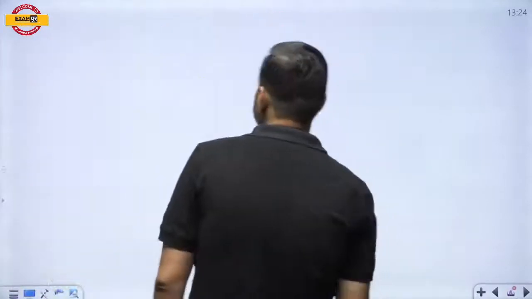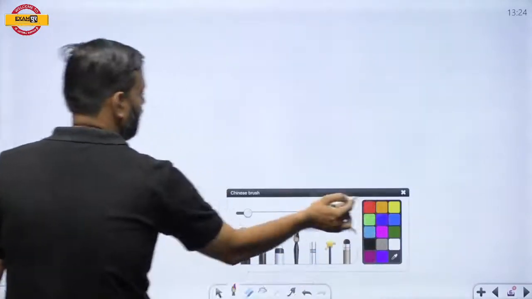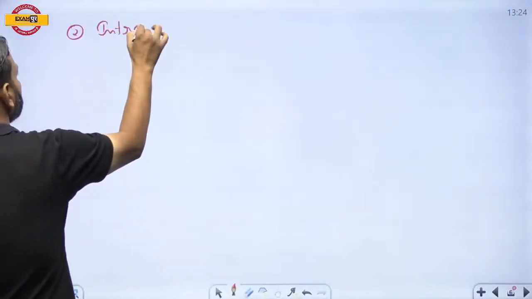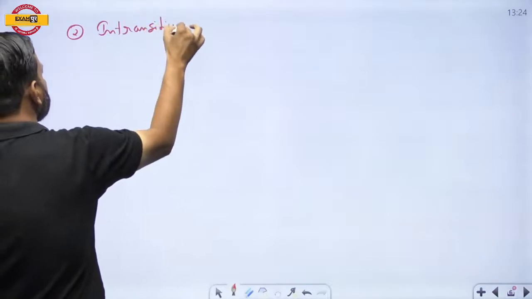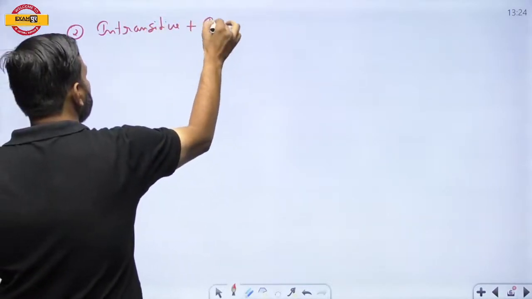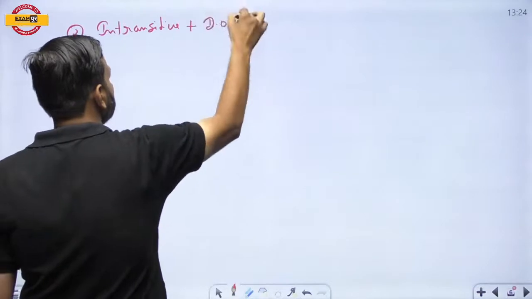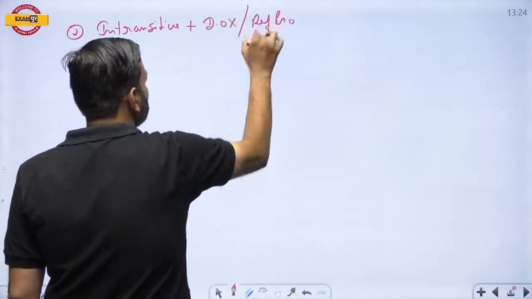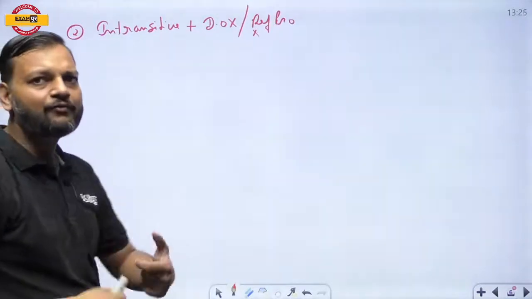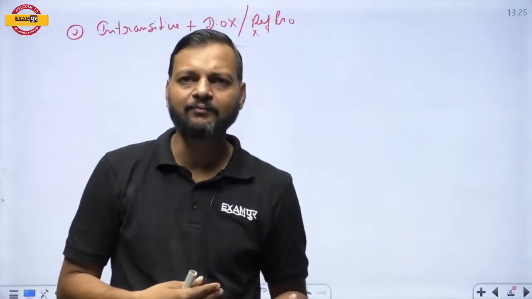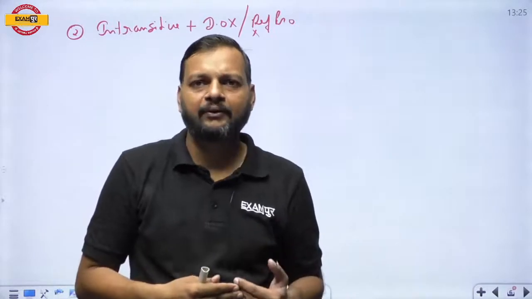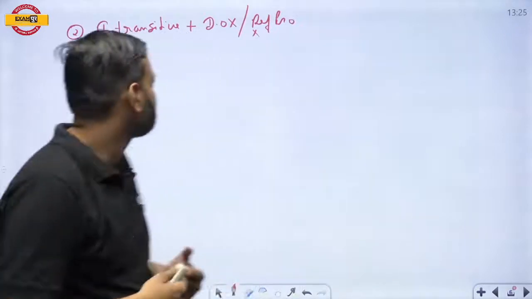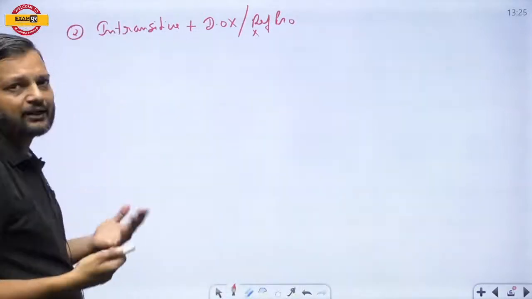Now, if we talk about intransitive verbs, intransitive verbs are never followed by a direct object and reflexive pronoun. What is the use of a reflexive pronoun after a verb? It fills the gap. It is used in place of the direct object.